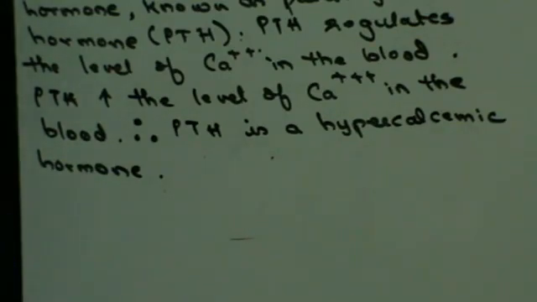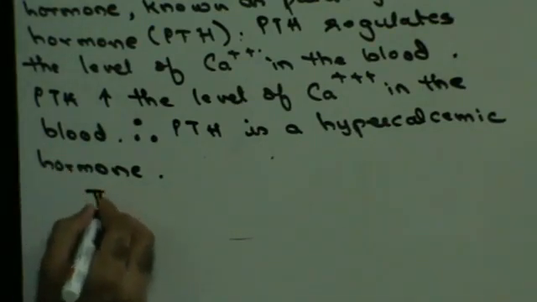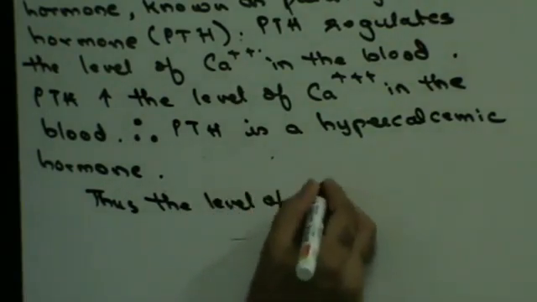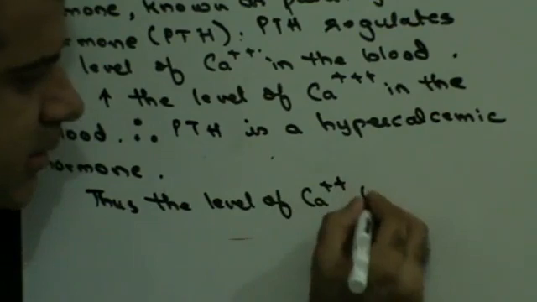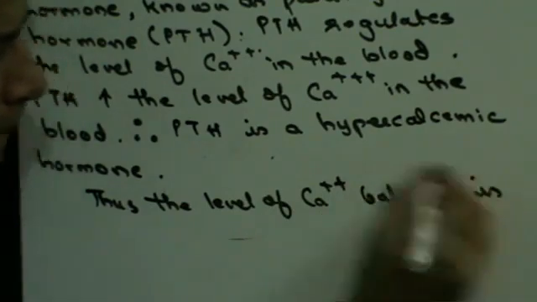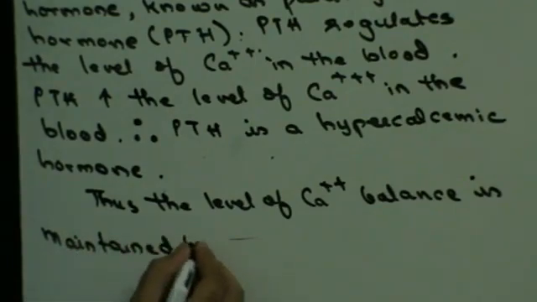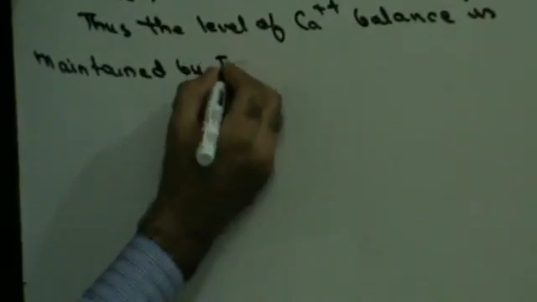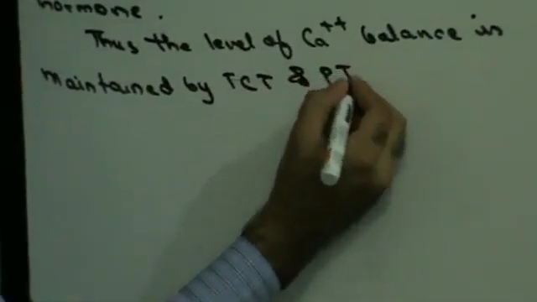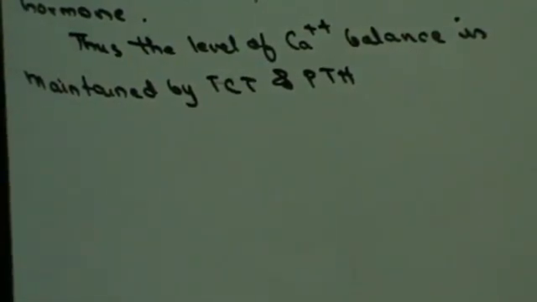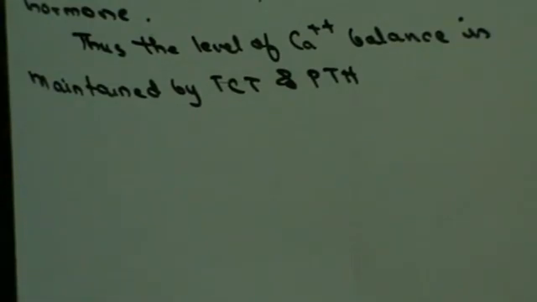So I can say the level of calcium balance is maintained by TCT and PTH, right? TCT is your thyrocalcitonin hormone, and PTH, as I already told you, is the parathyroid hormone. Fine, do we get this? So that was about the parathyroid gland.